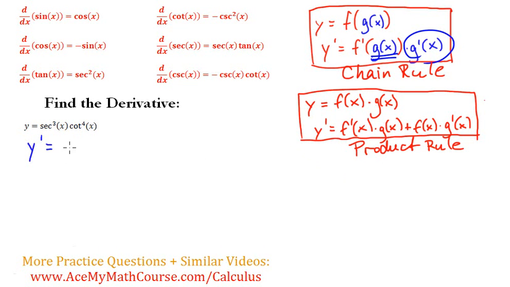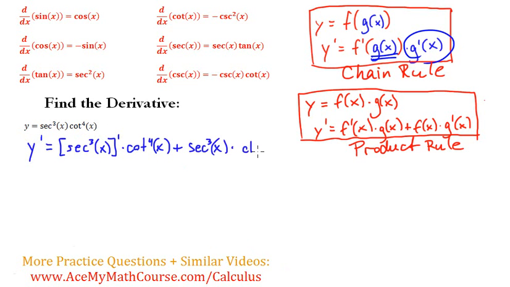Great. So we get f prime of x, and f of x in this case is just secant cubed of x. So we want to have that prime times the cotangent to the 4 of x, plus f of x, which is secant cubed of x, times g prime of x.